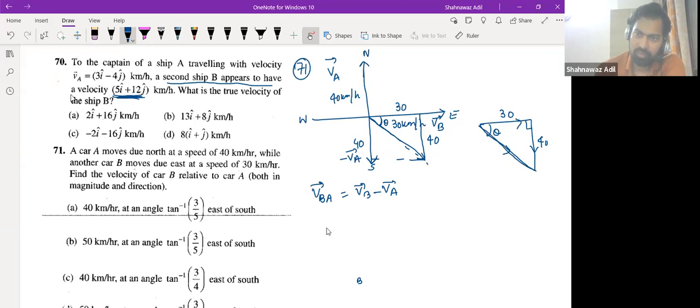This magnitude is the root of 30 square plus 40 square.